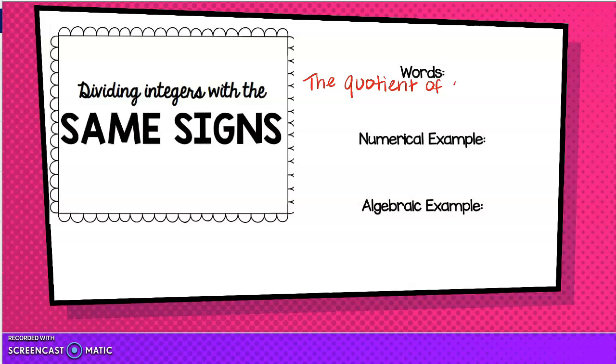The quotient of two numbers with the same sign is positive. The quotient of two numbers with the same sign is positive. I'll give you a moment to write that.